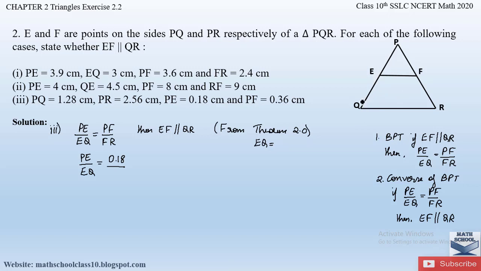You will get EQ, right? So what is PQ? It is 1.28. EP or PE they have given, so it is 0.18. So EQ will be 1.28 minus 0.18.